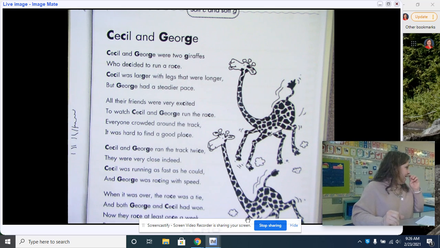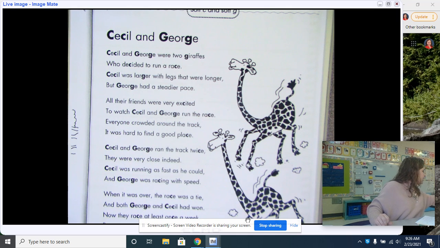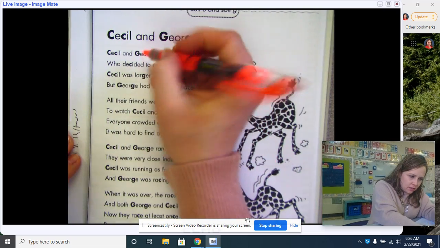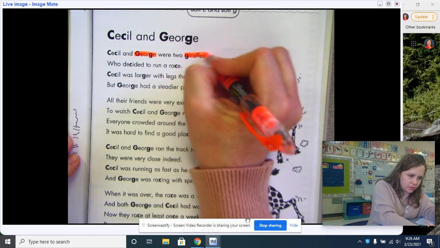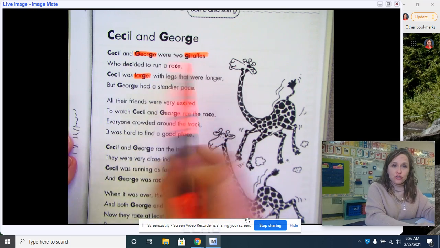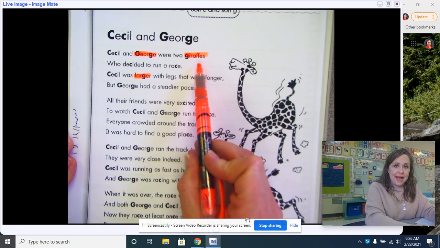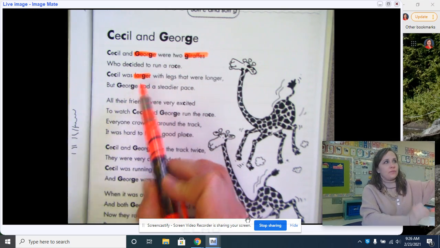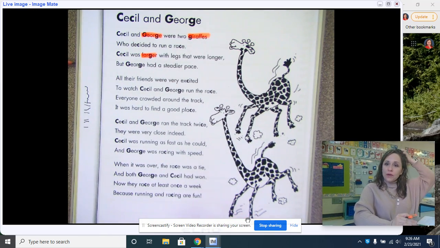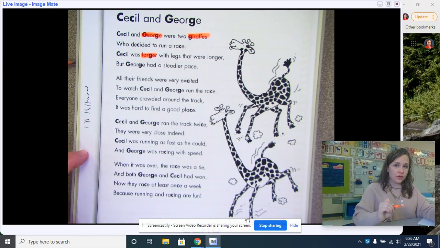But we're going to go ahead and try to use this poem this week. All right, so I see this word, this word, this word. Okay, so George, giraffes, and larger. And we're only going to read the first 2 stanzas.